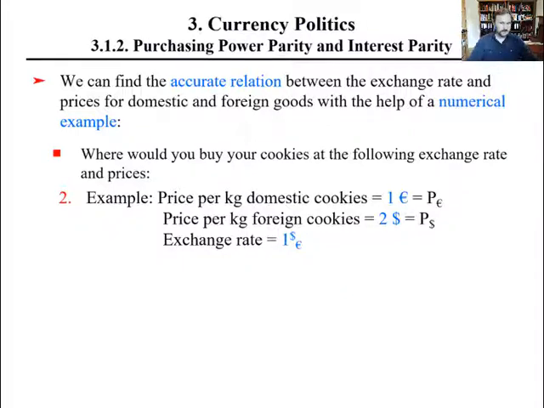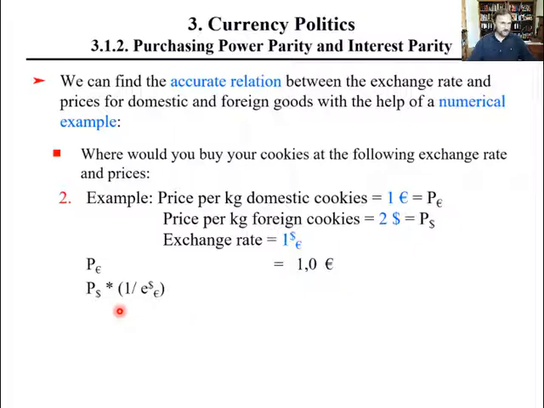Well, let's start again with a comparison of prices. The euro price of cookies is still unchanged, it's €1 per kilogram. But if Europeans want to buy now American cookies, they have to exchange their euros into dollars first before they buy the American cookies at their dollar prices.